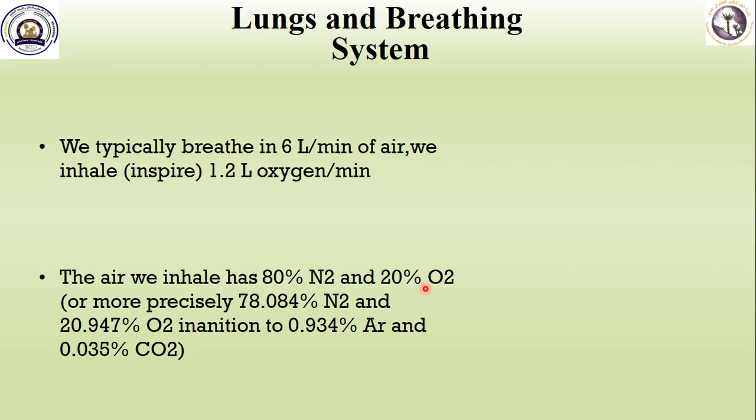There are others, but they are very little compared with nitrogen and oxygen, such as argon, and CO2 also comes inside the human body during breathing. These are the percentages to keep in mind when dealing with inhalation.